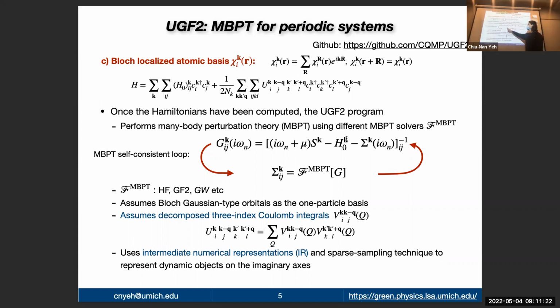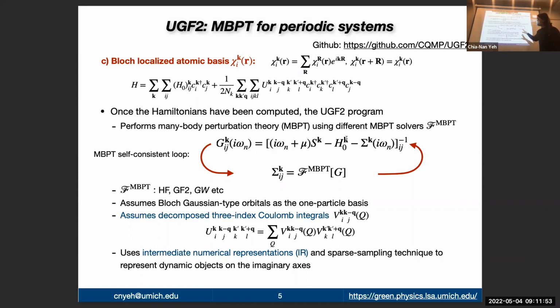The self-energy is also a functional of your Green's function, and the form of this functional depends on your many body perturbation solver. So in UGF2 you could choose different functionals such as GF2, HF, or GW, and then you keep iterating both equations until self-consistency is achieved between the Green's function and the self-energy.